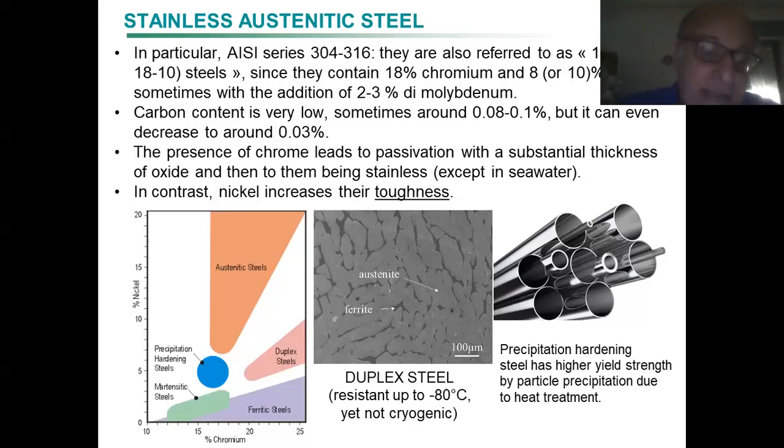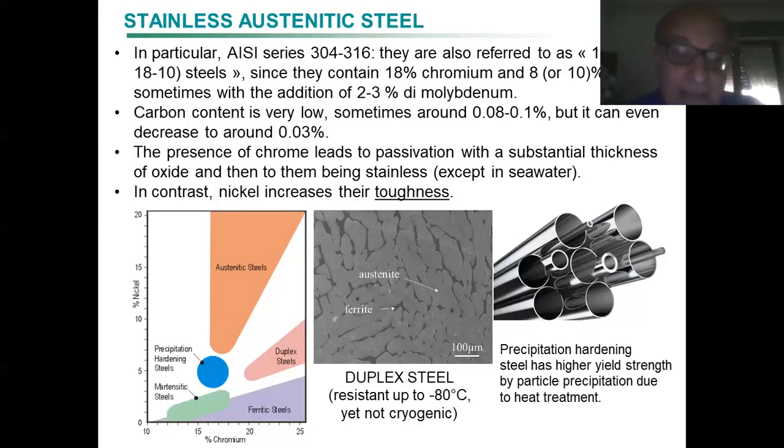So mainly carbides, you are able to precipitate a little bit of carbides, and you can have a harder steel with the precipitation of these carbides, chromium carbide, and also nickel carbide, although in most cases chromium carbide. You have harder steels, but in that case, they might be prone to corrosion.